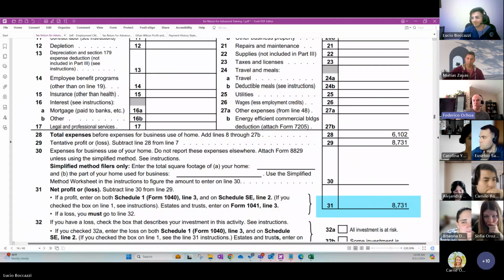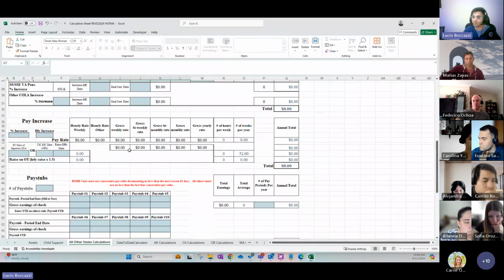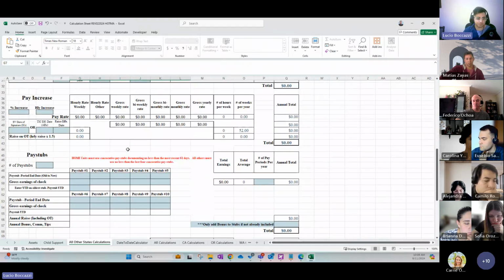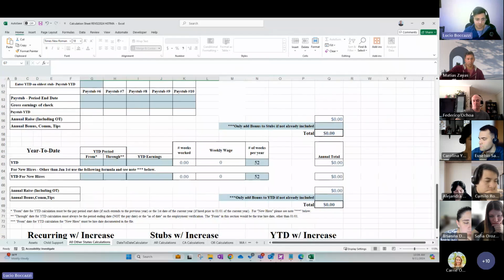Well, we use that section of the calc sheet that is for new hires. Excellent. For new hires, and we're going to run year-to-date calculations for that. So what we're going to do is we come here.